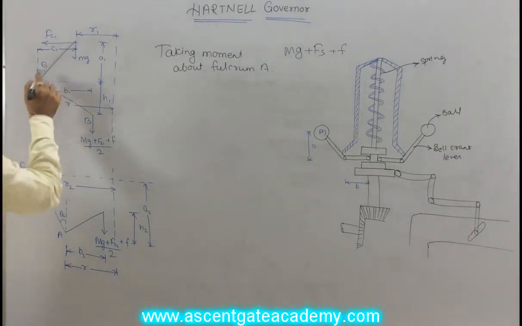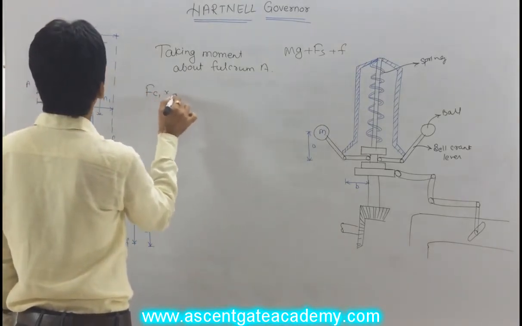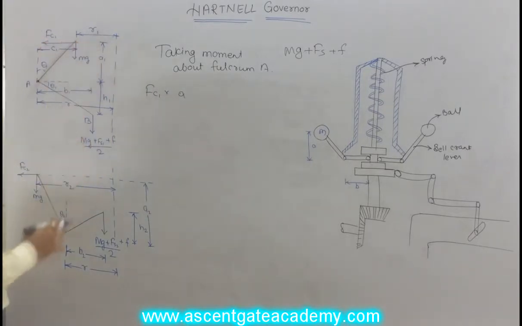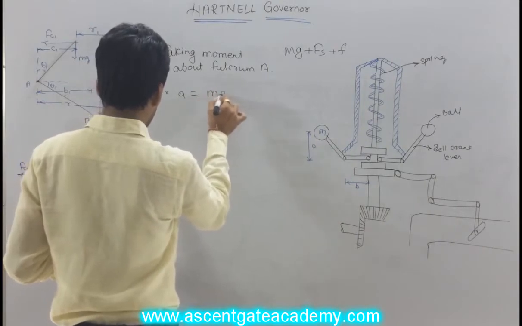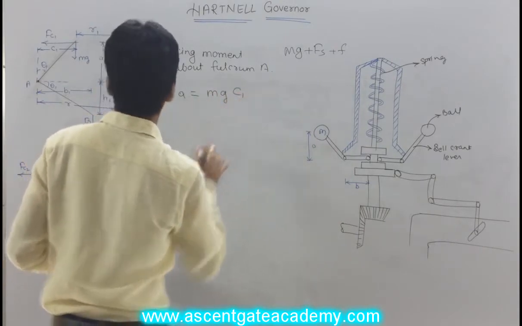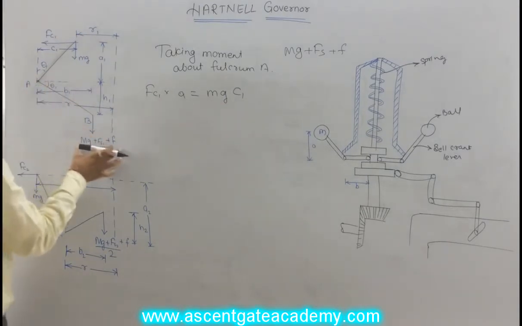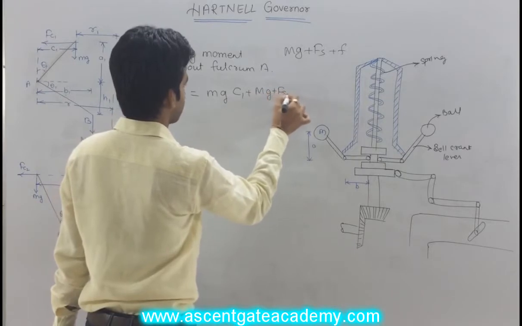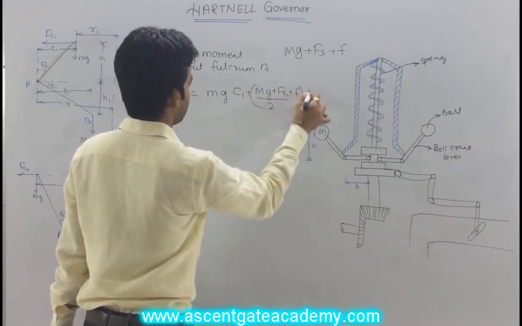About this fulcrum A, this will be equal to Fc1 into A1, Fc1 into this distance A1, plus is equal to mg into C1, small mg into this distance C1, plus mg plus Fs1 plus F by 2 into b1.